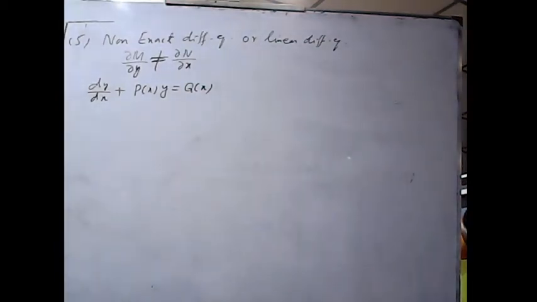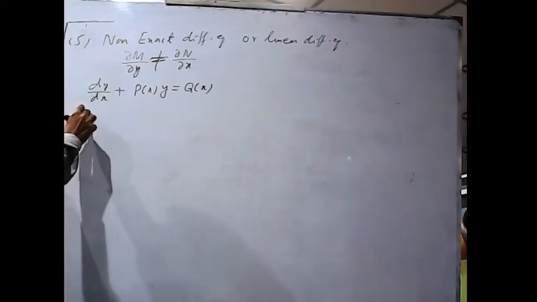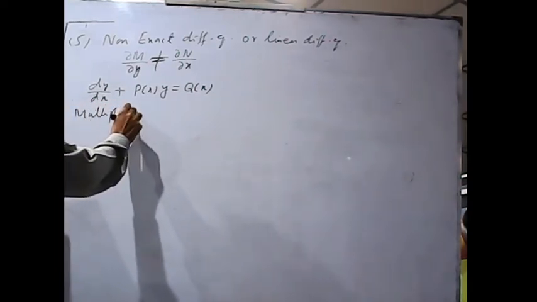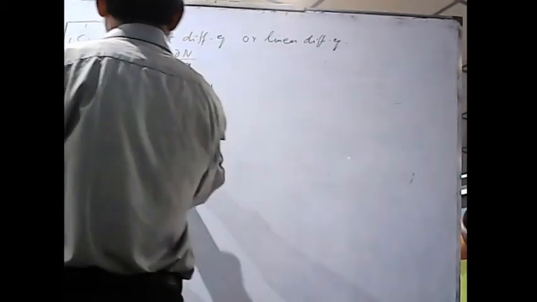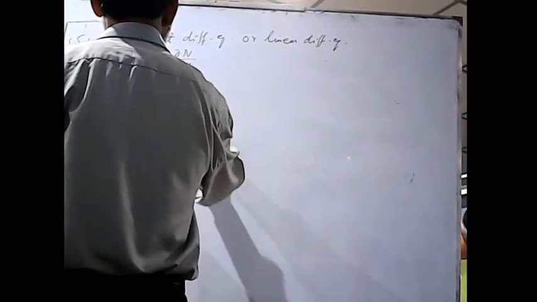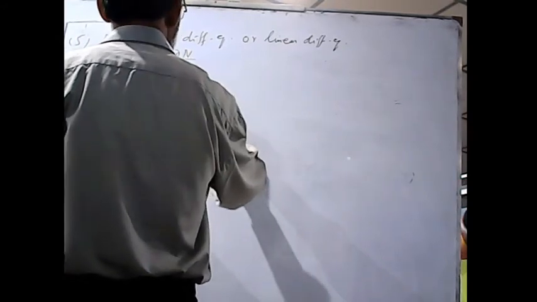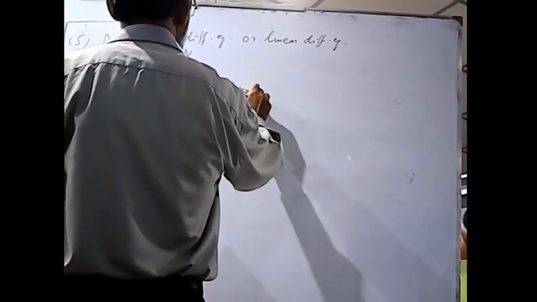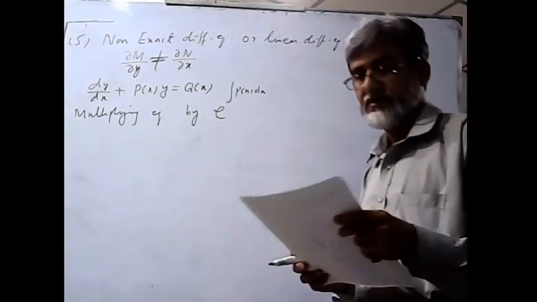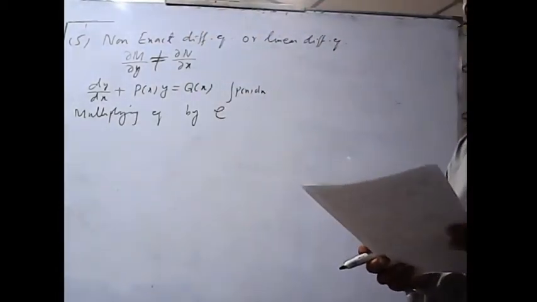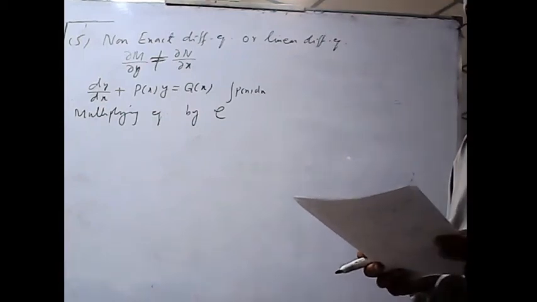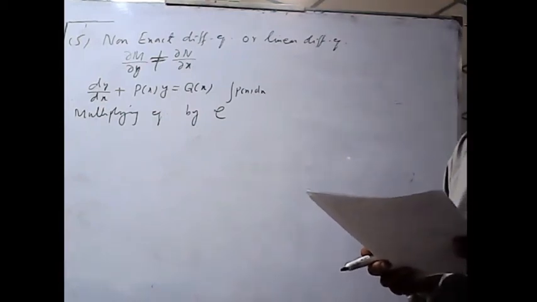Now the solution of the linear differential equation does not follow the pattern of the non-exact differential equation. We follow directly the general solution form: multiply the equation by e to the power integral of p dx, where p is a function of x.